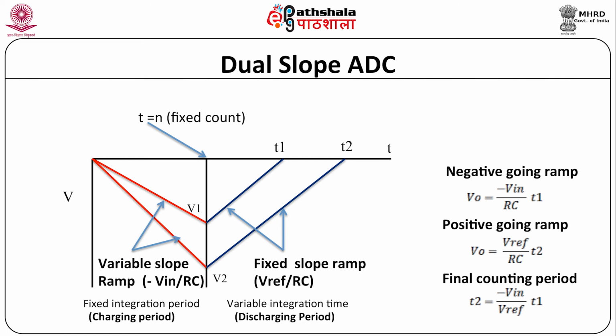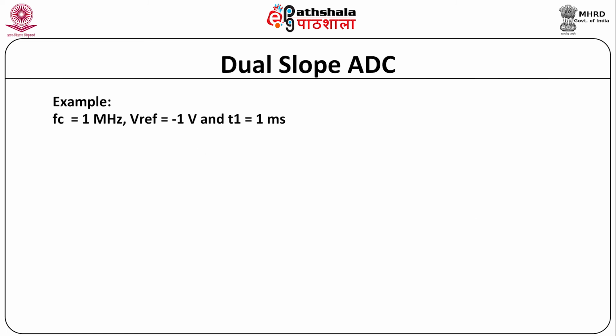Let us consider the clock frequency as 1 megahertz. The reference voltage is minus 1 volt and fixed time period T1 is 1 millisecond, and the RC time constant is also 1 millisecond. Assume that the unknown input voltage V in is equal to 3 volt.